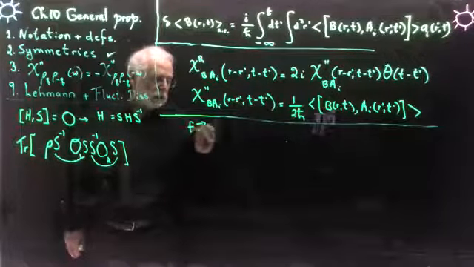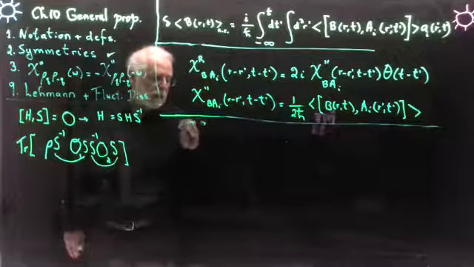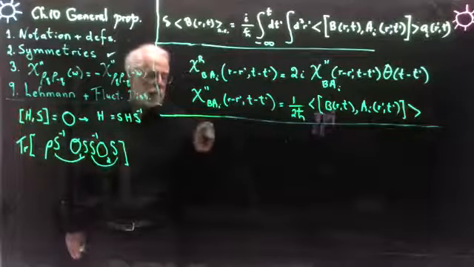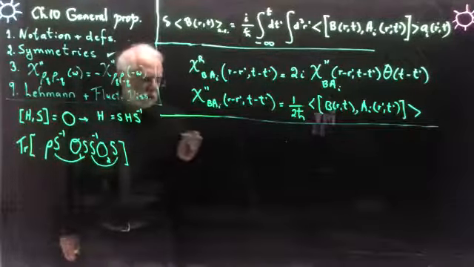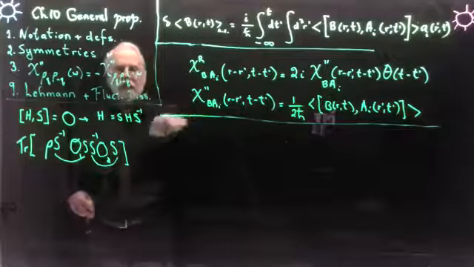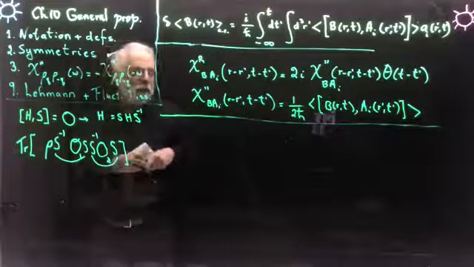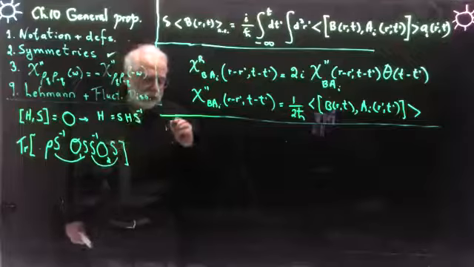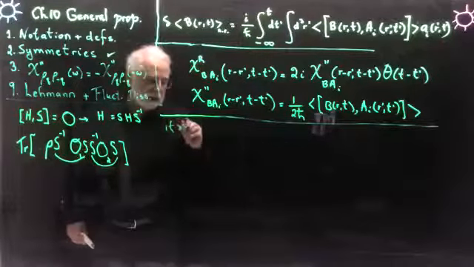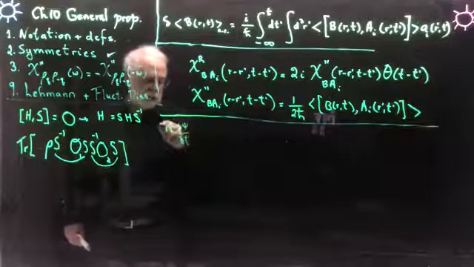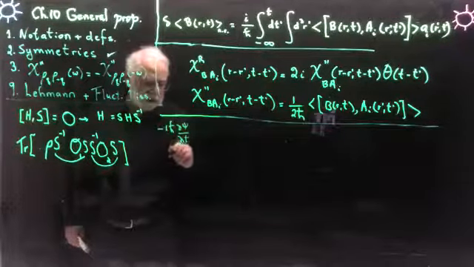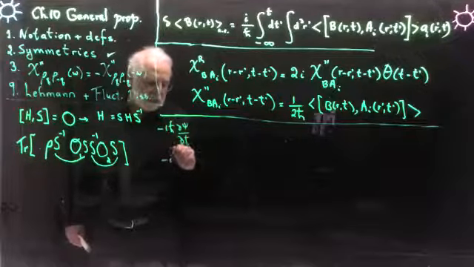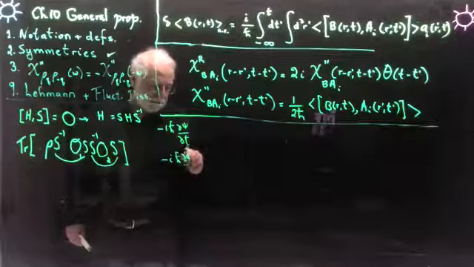The wave function will evolve backwards in time if you take the complex conjugation of the Schrödinger equation. Why? Because there is an i h bar d psi dt. If you do time reversal, a minus sign appears, and that is precisely the equation obeyed by psi star.